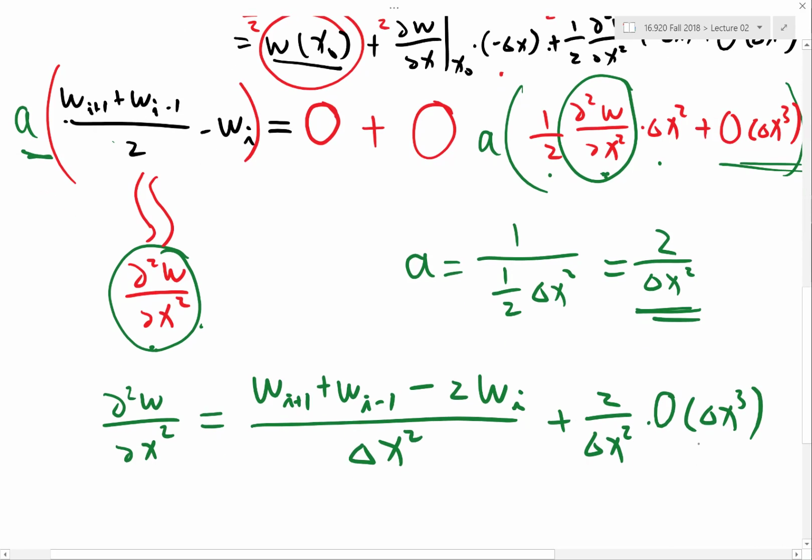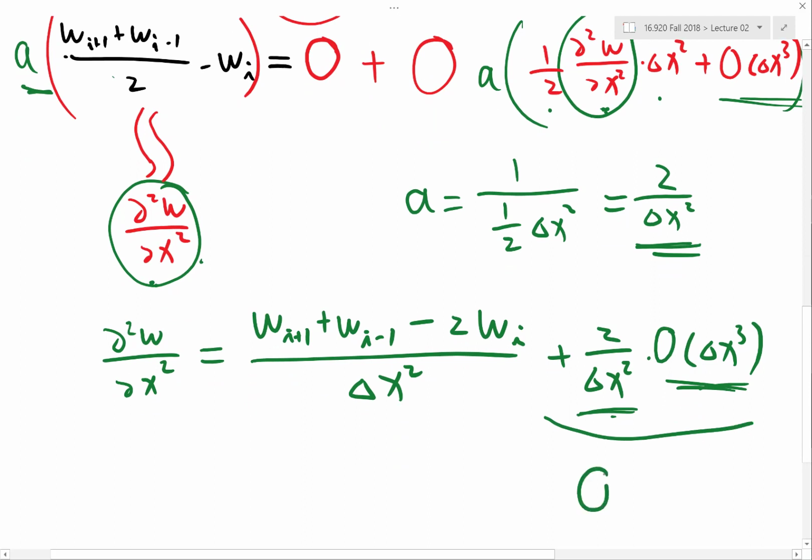If this term contains things at least delta x cubed, it can cancel with this, and the whole thing goes to big O of delta x, something that shrinks as delta x gets smaller and smaller. So this is a good approximation.